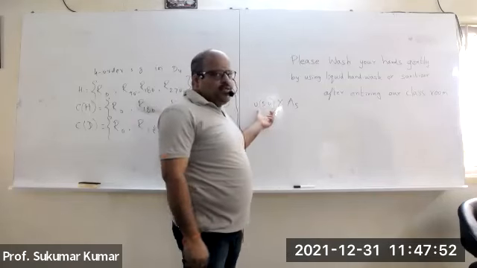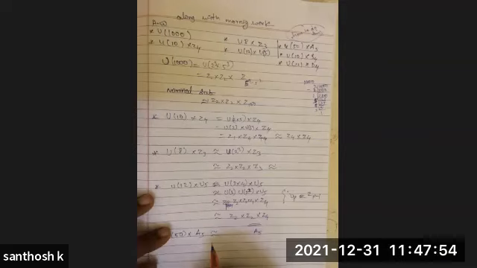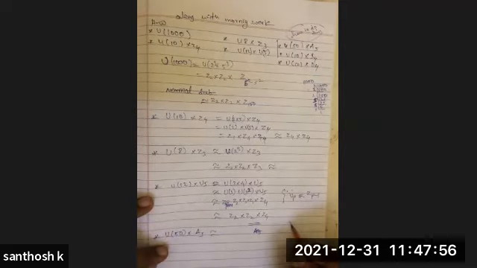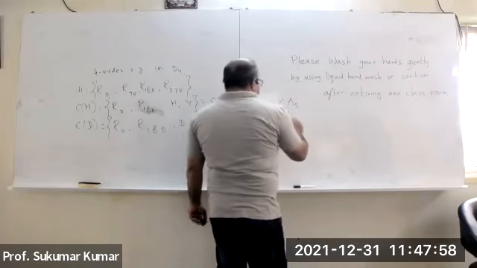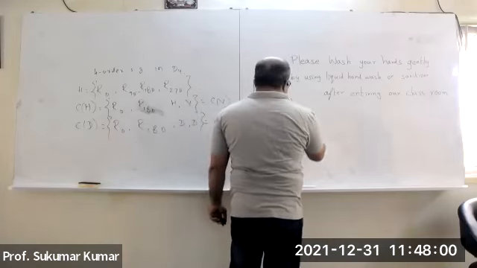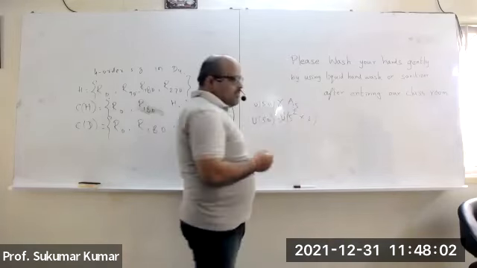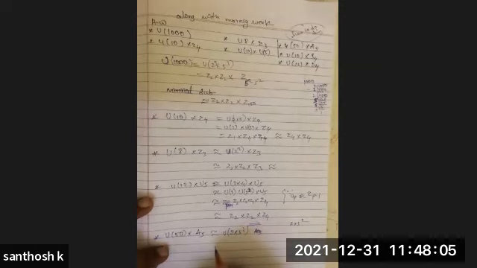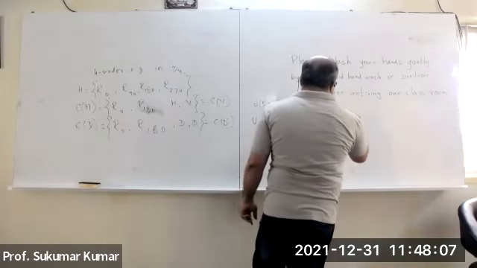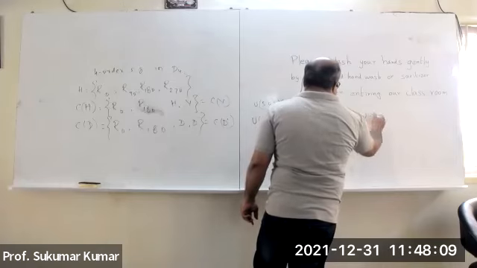No, U50 you find by the U(n) method. U50 will be the prime factorization 5 square into 2. So this will be U of 5 square into U of 2.